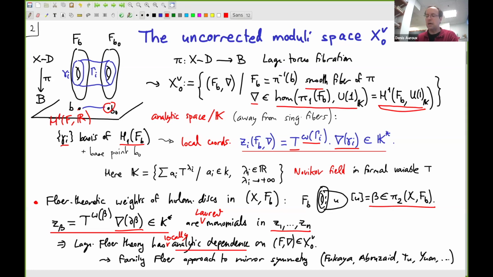And so this is how Fukaya, followed by Abouzaid, and then others, have started this whole family Floer theory approach to mirror symmetry, saying, when I do Floer theory of a fixed Lagrangian or fixed collection of Lagrangians with this moving family of fibers with local systems, Floer theory will output for me things that are analytic sheaves over this moduli space. And so I can transfer the Fukaya category of X to coherent sheaves on the mirror space.